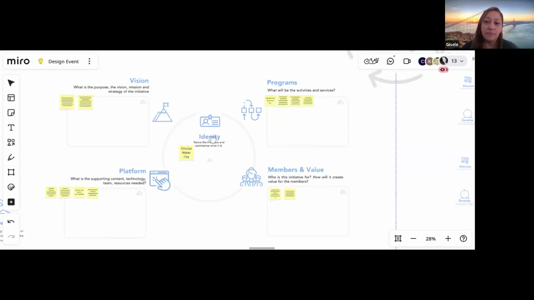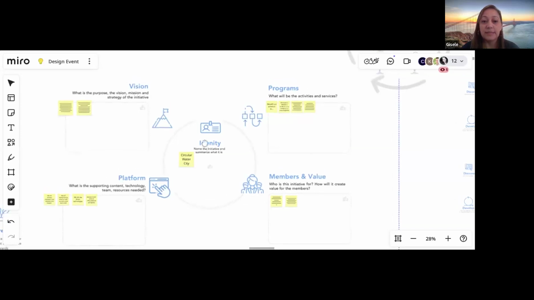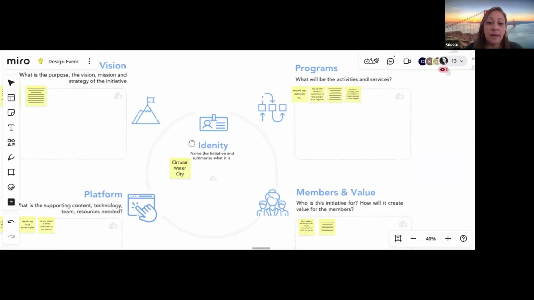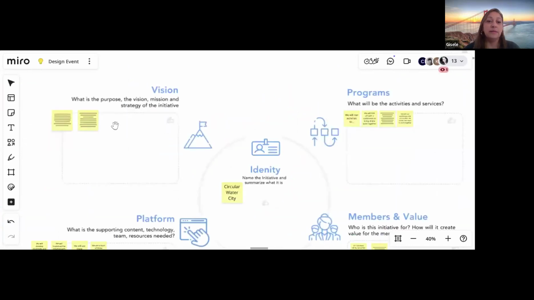So the idea is bringing the idea to the center, and you start here defining the identity of our initiative. Then we move to this stage where you define the purpose, vision, mission, and strategy narrative you develop for our initiative.